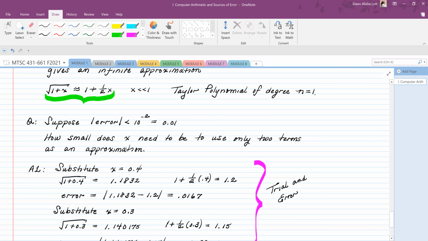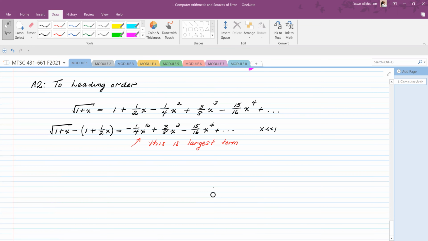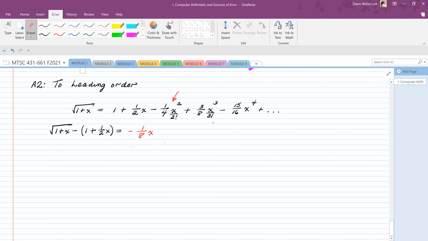So therefore, this first term here is actually minus 1/8 x squared plus dot, dot, dot.